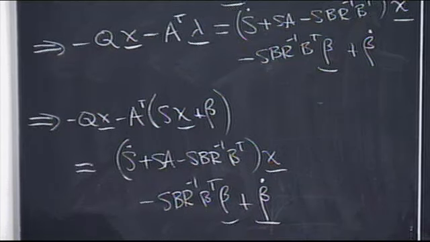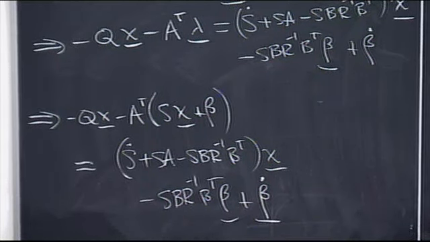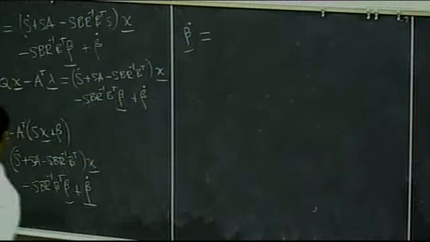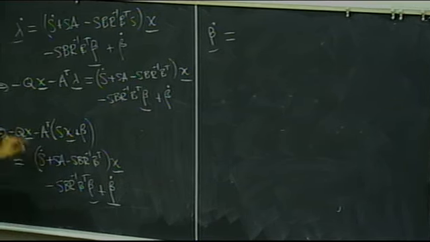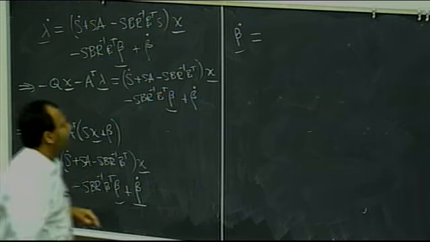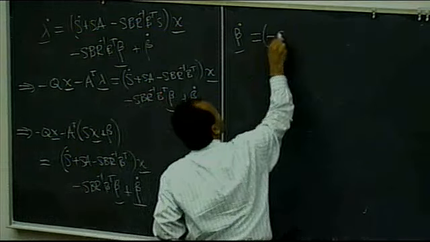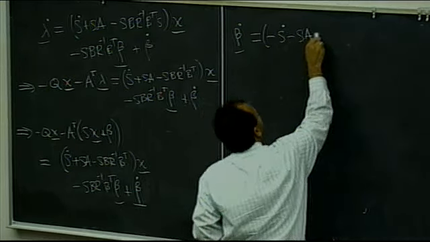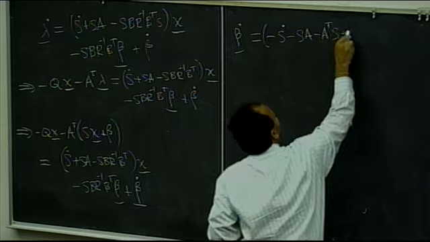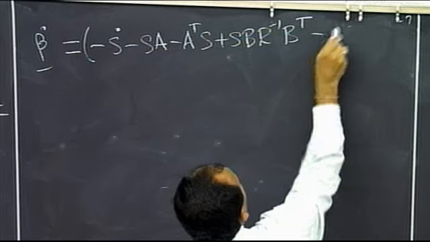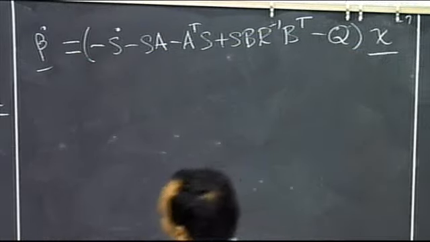If I solve it for beta dot, I get that beta dot is equal to, so I just take everything else to the other side. So I've got a minus Qx minus A transpose S, so they stay there. And then all this stuff winds up going to the other side. So I wind up getting minus S dot, minus SA minus A transpose S plus S B R inverse B transpose S minus Q, the whole thing times x.